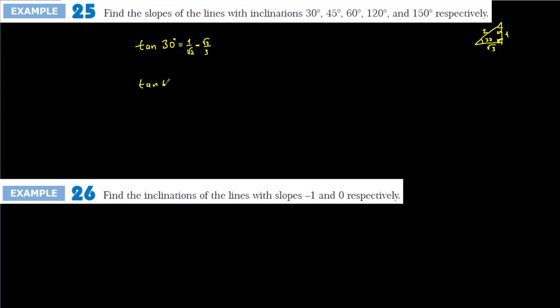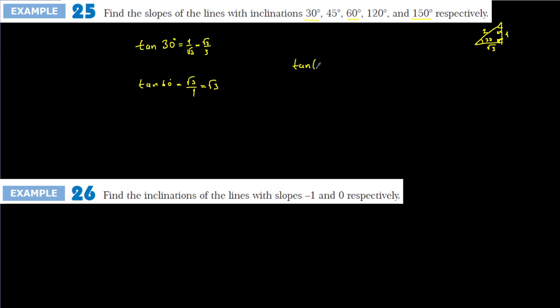What is tangent 60? With respect to this triangle, opposite root 3 over adjacent 1, it is root 3. Now I'm solving 150.